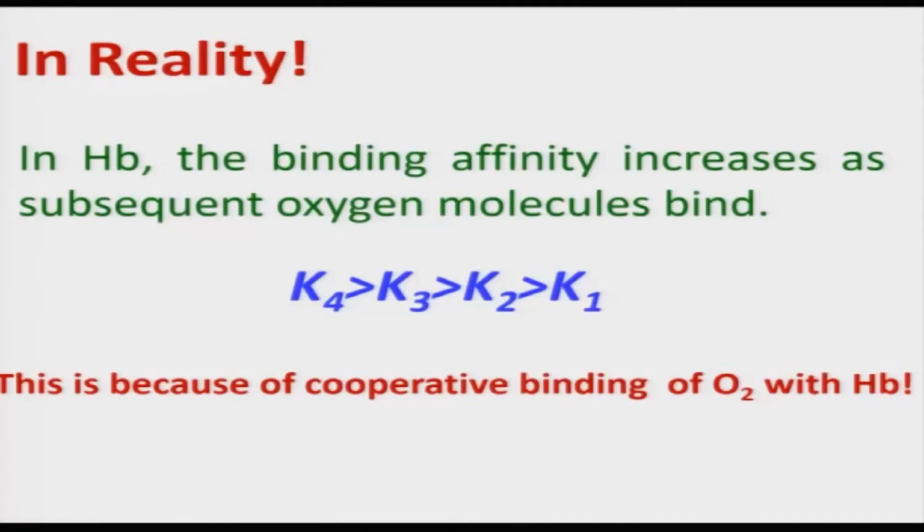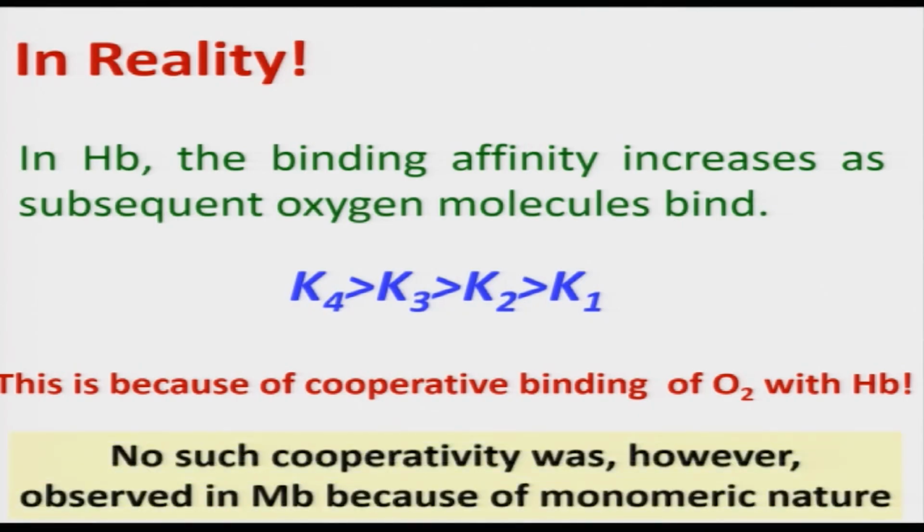Now, this is because of the cooperative binding of dioxygen with hemoglobin. Please note that no such cooperativity is observed in the case of myoglobin because of its monomeric nature.